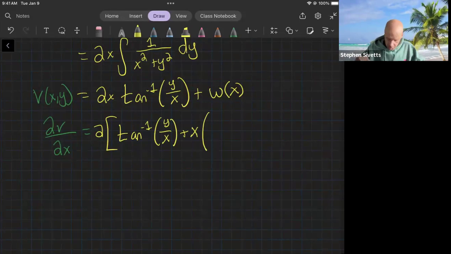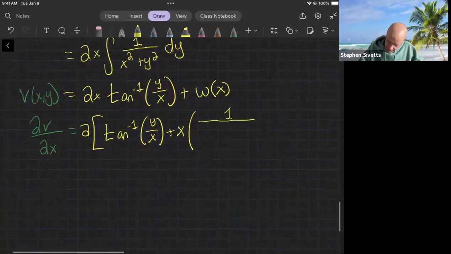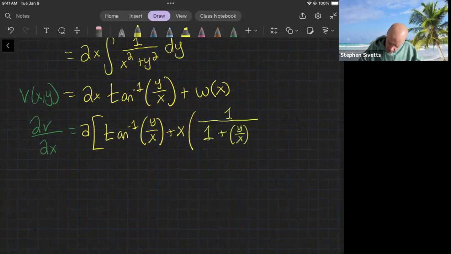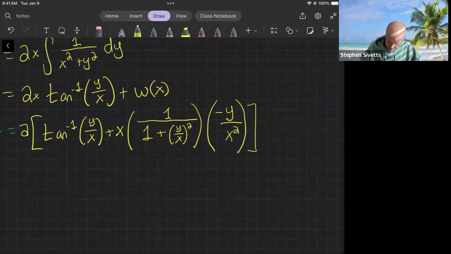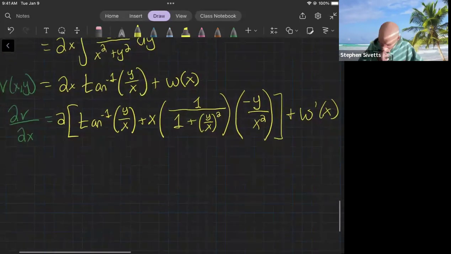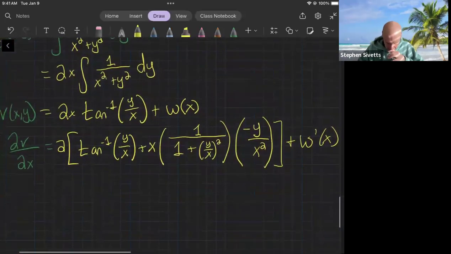So we'll have 1 over 1 plus y over x squared times minus y over x squared. Okay. Plus w prime of x. All right. Hopefully that made sense so far.